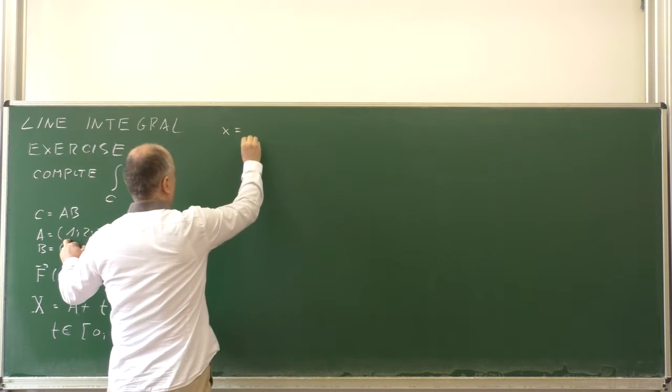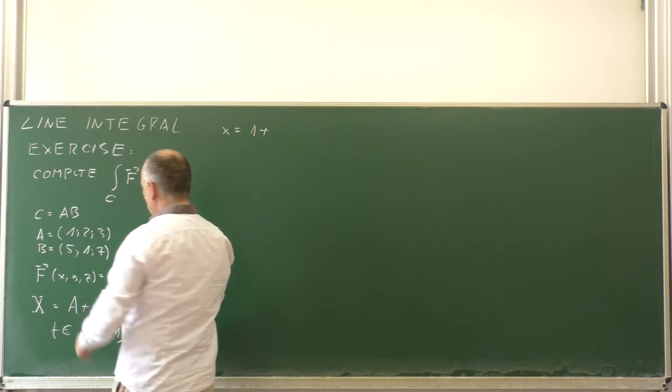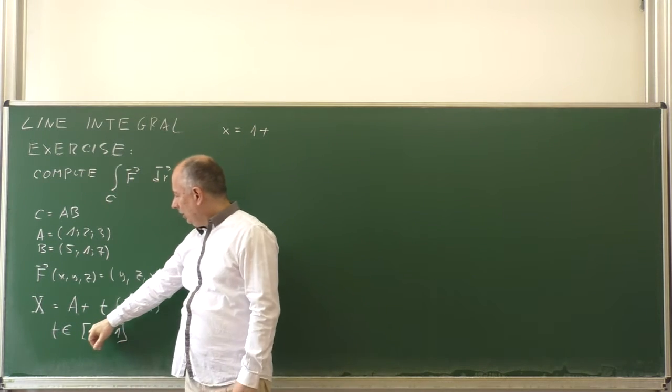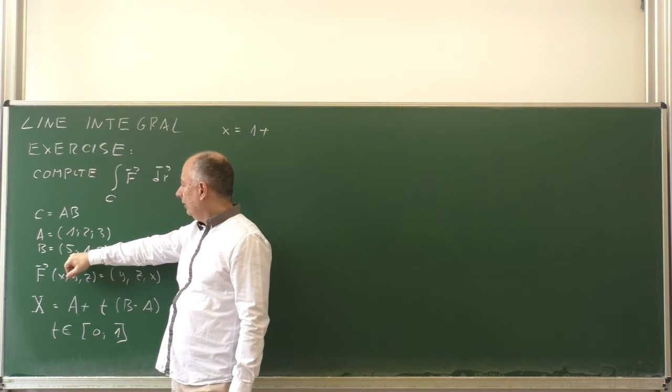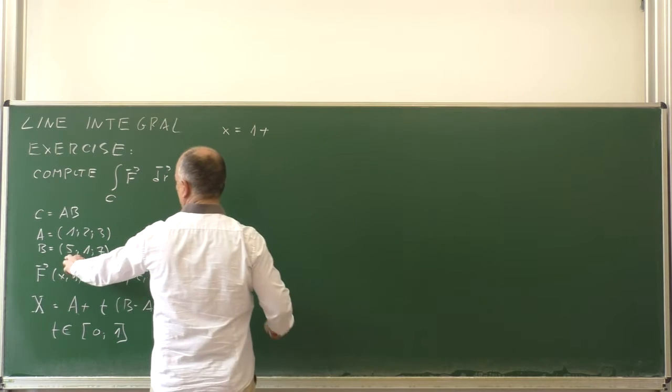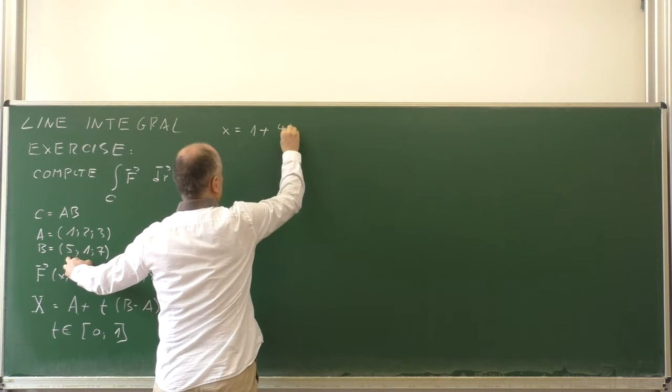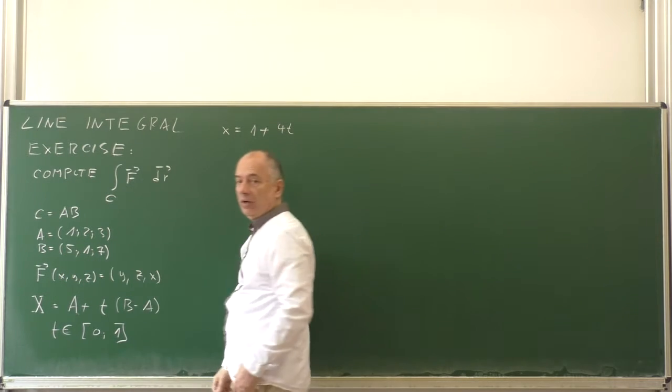X starts at 1, and when t reaches 1, x should reach 5, so we must add 4t, the difference of 5 and 1.